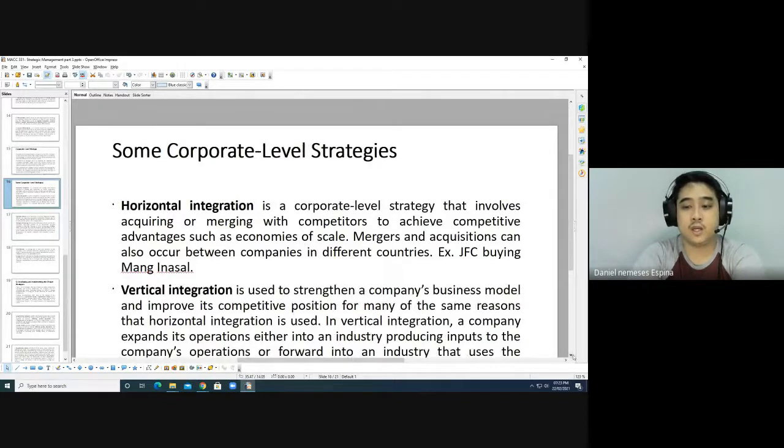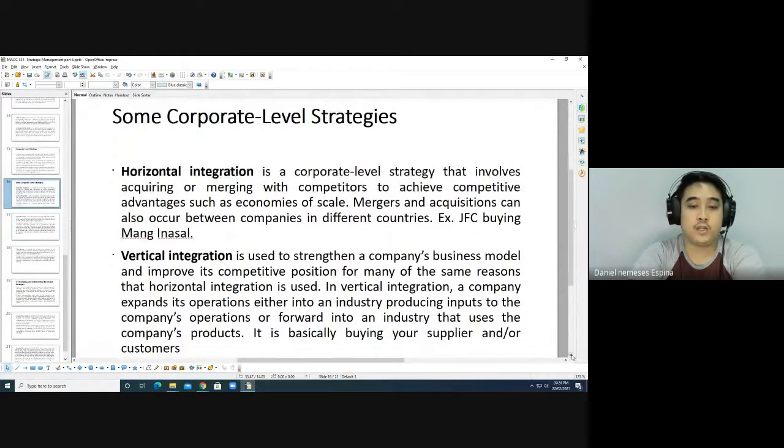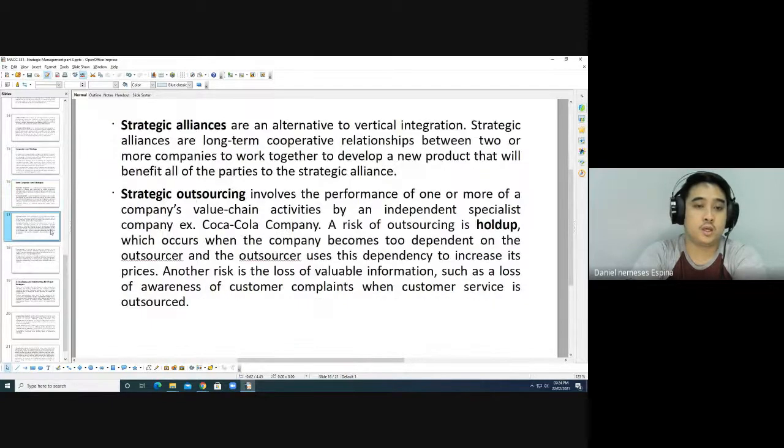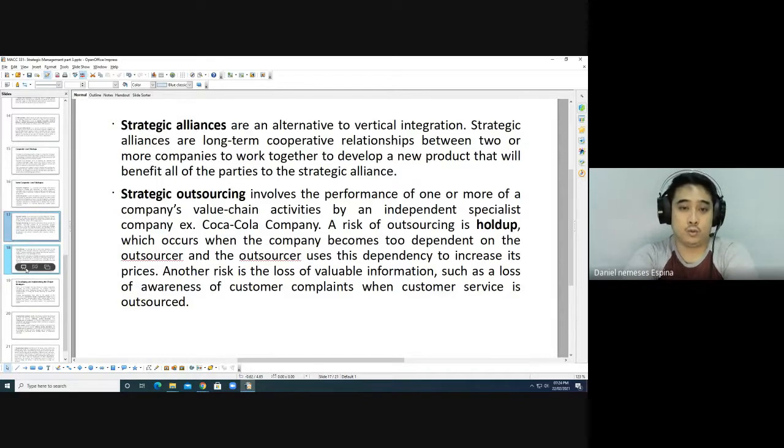Vertical integration is buying either your suppliers or your customers. We have strategic alliances, so it's not necessary to merge or acquire another company. We can form partnerships with other companies to develop a new product.